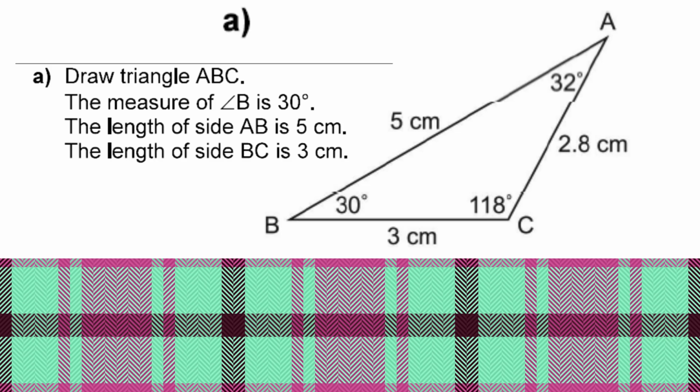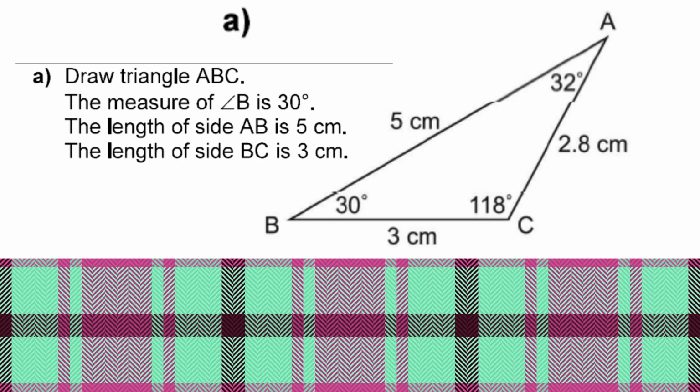Once you have it completed, then you can measure to see how long A to C is. And you can measure to also determine the other angles in this triangle. As you can see, you will have the 30-degree angle that you already started with. You will have a 32-degree angle A and a 118-degree angle C.